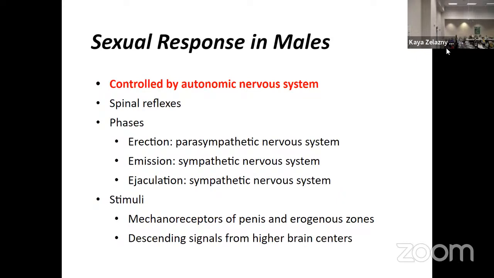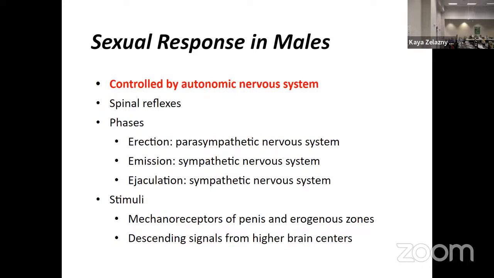So to complete our understanding of all the processes going up to fertilization, we then want to know about the sexual response in males. We want to know about how ejaculation happens and why. Okay. So the whole sexual response is controlled by the autonomic nervous system. So remember, that's our sympathetics, our parasympathetics, and it's happening relatively undercover, right?